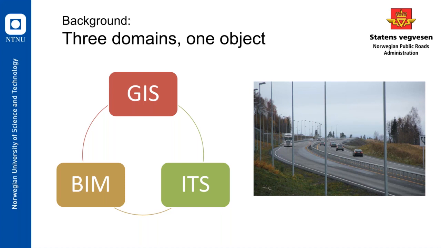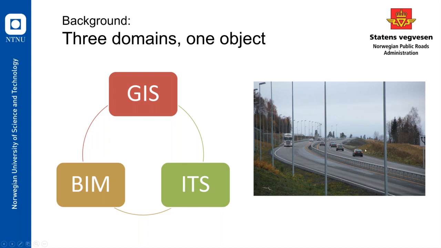All of these domains are actually considering the same real-world features, like we see on the illustration on the right there. We have a road with some railing in the middle, and when this road is constructed or when it's planned, then the features we see here start to exist in the digital representation.